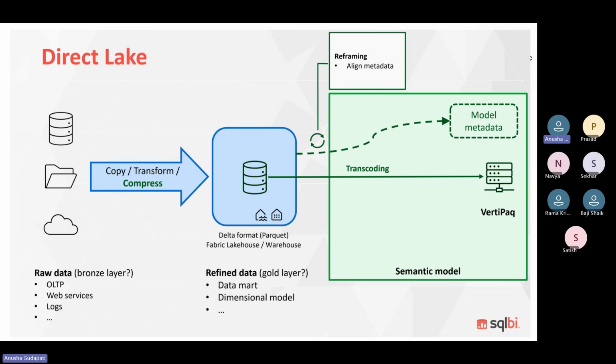For example, the data source table might be a shortcut that you have brought from some other workspace, or you might have built a lot of business logic in that particular table. In that case, the direct link doesn't work and it will directly fall back to your direct query mode.